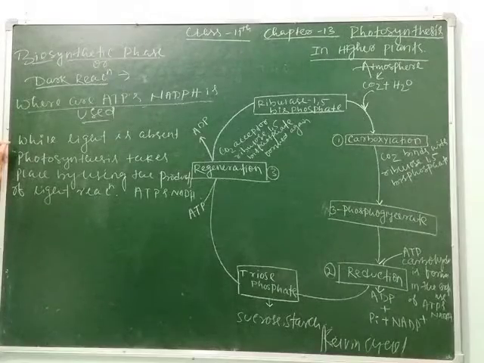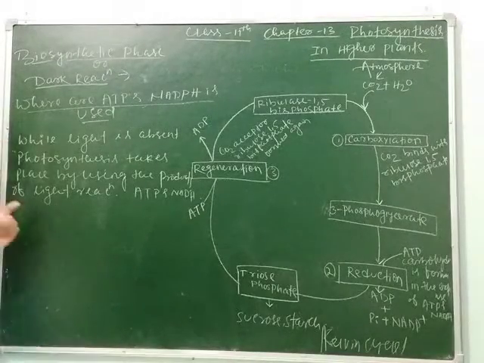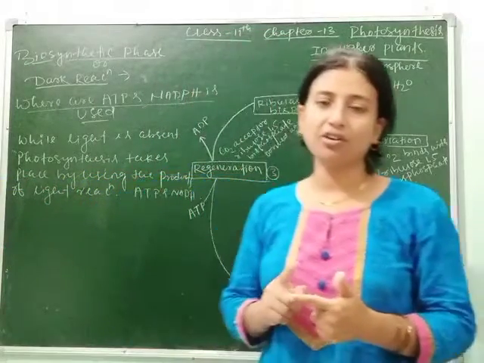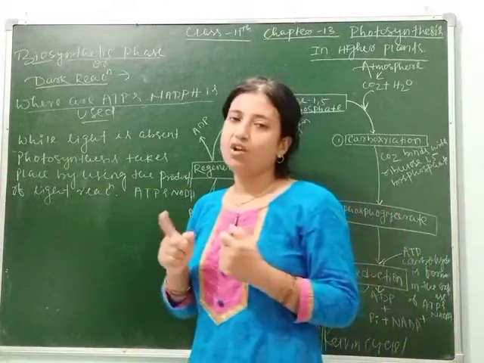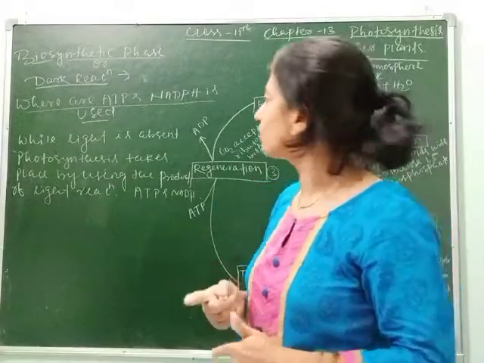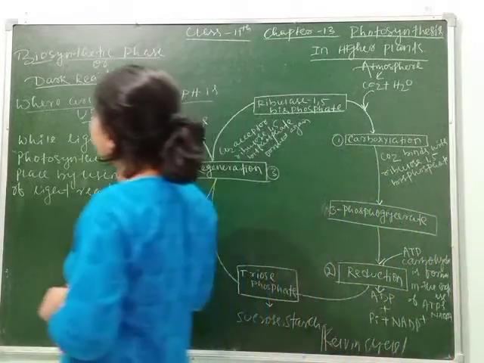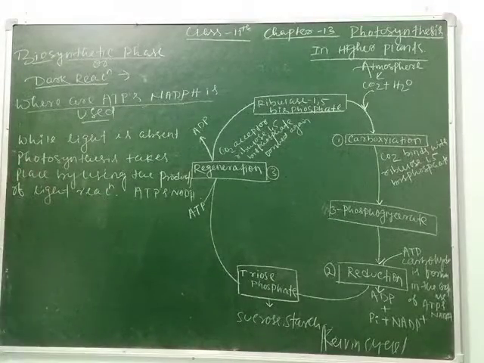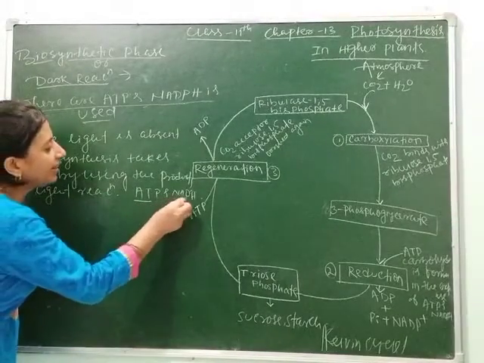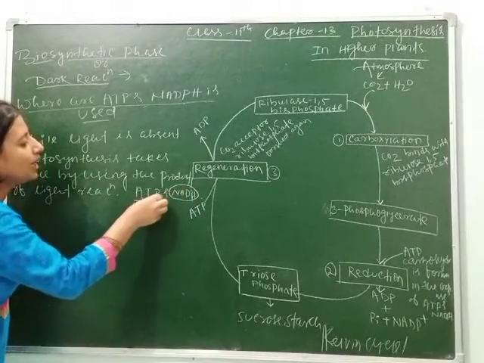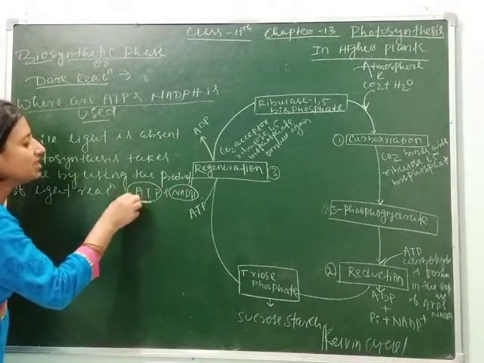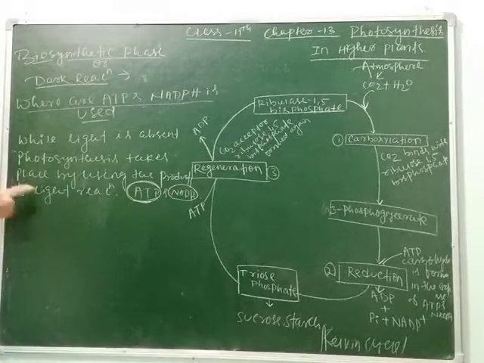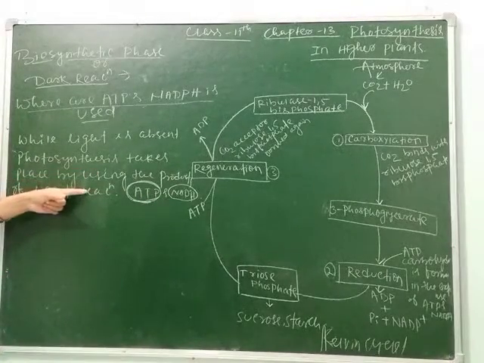As we know, during photosynthesis, carbon dioxide is the main component. So without carbon dioxide, glucose can't be synthesized. Besides carbon dioxide, ATP and NADPH are another important component. They are produced from the light reaction, but still they are used in the dark reaction.